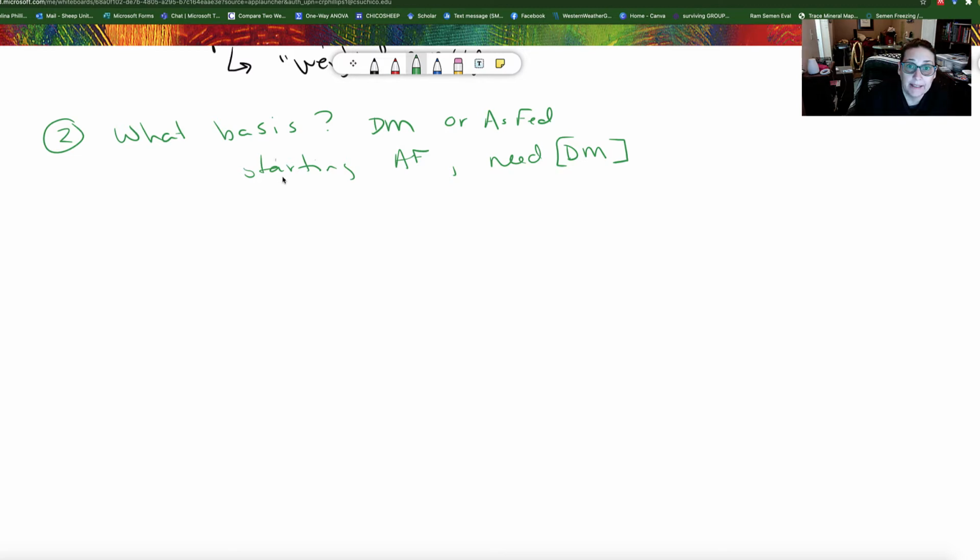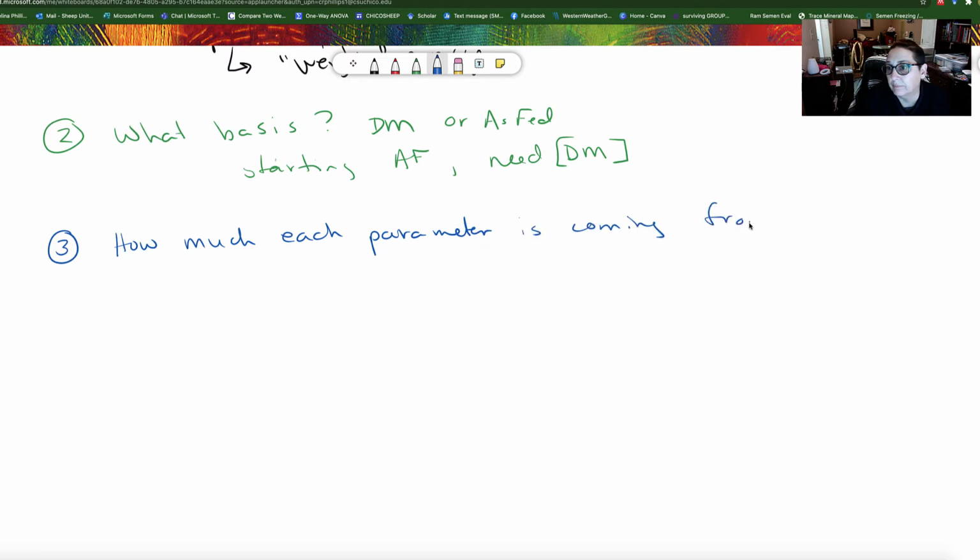And then the next step is how much of each parameter or nutrient is coming from each ingredient. So that's our big question: how much dry matter is coming from corn, oats, barley, and how much protein is coming from each of those. And that's what we're going to be working on.